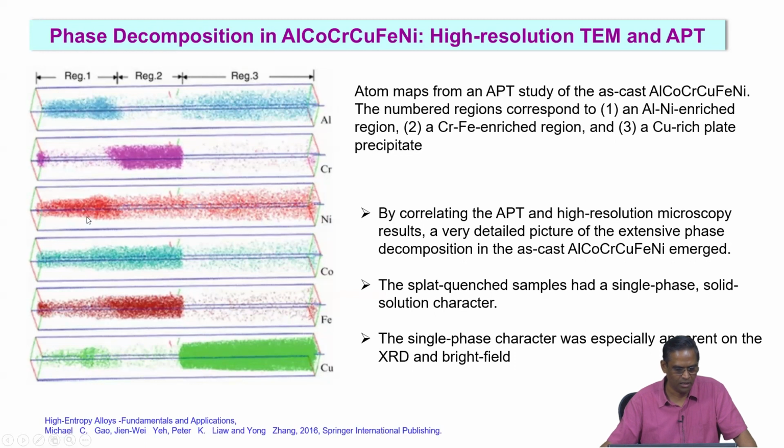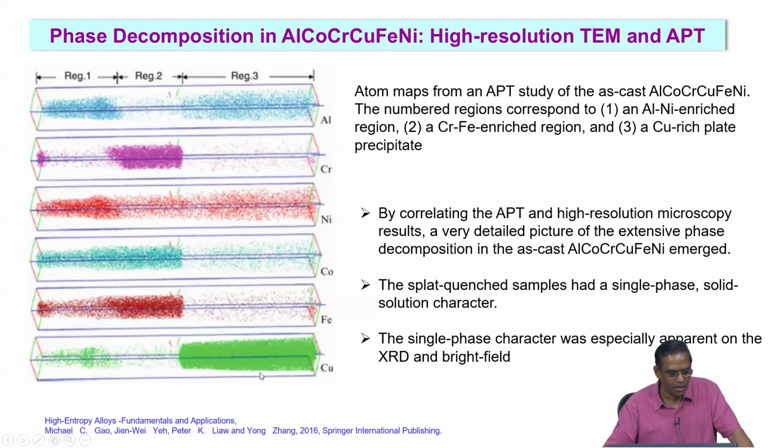You can see the aluminum nickel regions shown here, and region 2 is the chromium iron rich region. You can see this violet region, and these are rich in iron here. So, these two are rich in region 2, and you have a copper rich plate precipitate in region 3. Copper is completely dominating in this region 3.